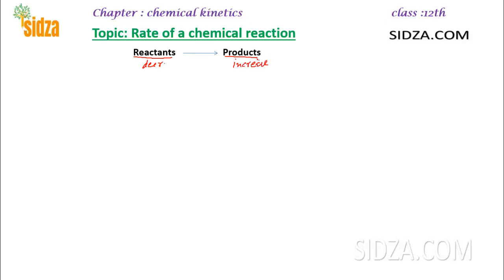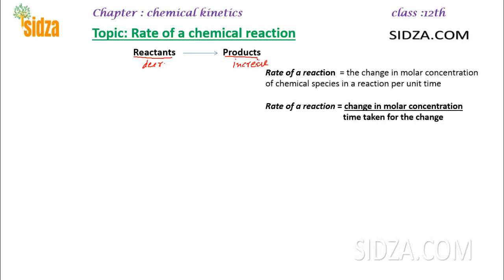So we can say a reaction rate is the change in concentration, or the change in the molar concentration of the chemical species, whether it is the reactant or a product. So we can define rate of reaction as the change in the molar concentration of the chemical species in the reaction per unit time.